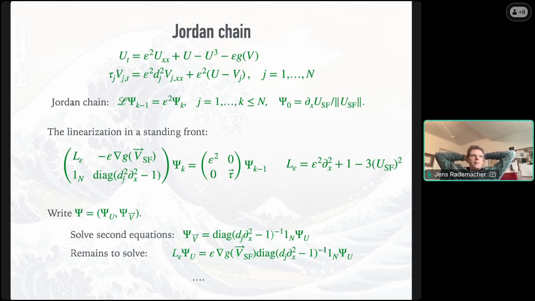I see. So the Jordan chain really comes from the phase and the slow time scale, but whether the slow scales are different doesn't matter. As I say, for the production of an nth order zero, an n-fold zero, one needs to obey certain constraints between the tau j's and the dj's.